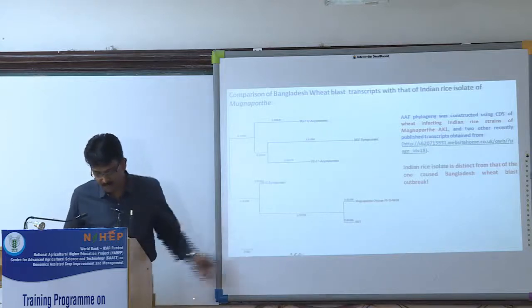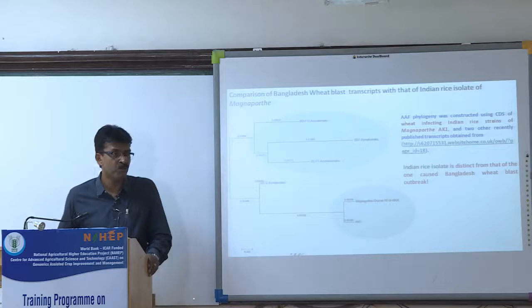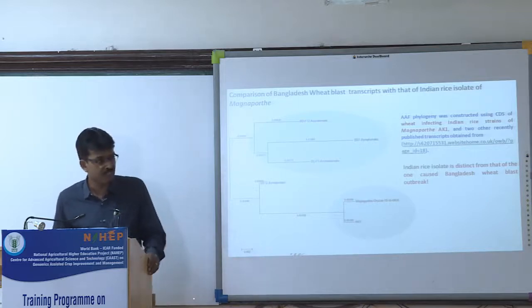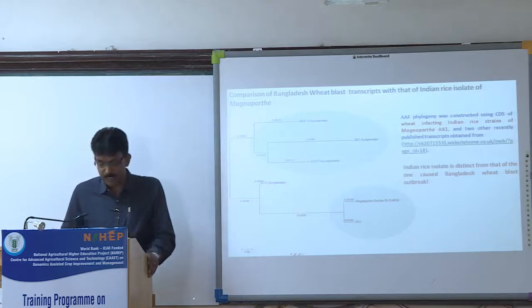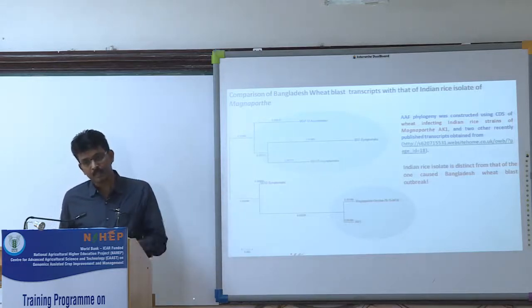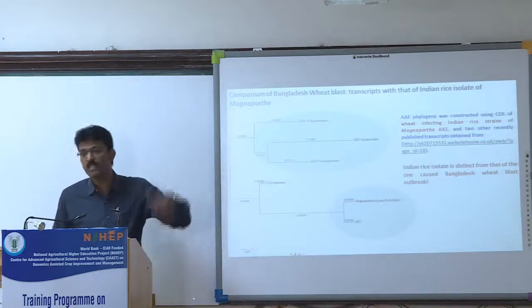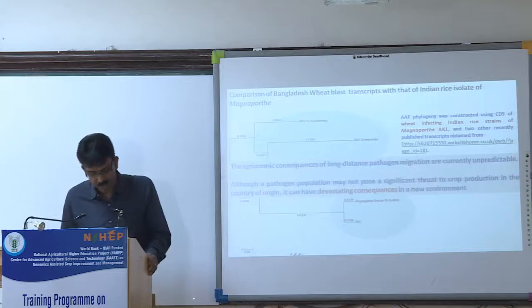Here again, what we found was it was genetically distinct. The one causing rice blast in our country is completely distinct from the one causing wheat blast. That means our strain is unique, and that strain is also very unique. That also has come out from this work.